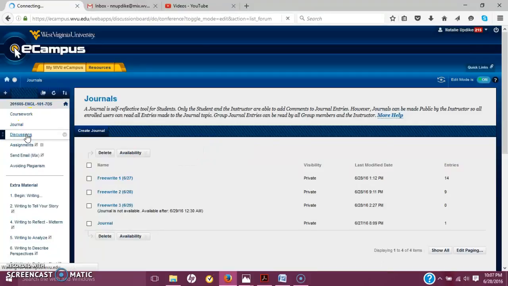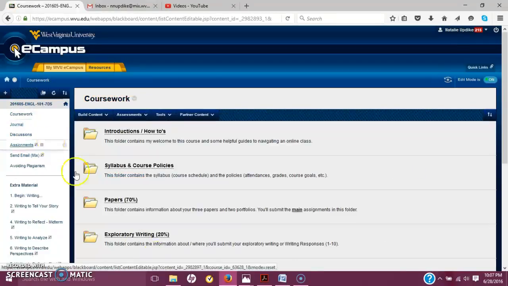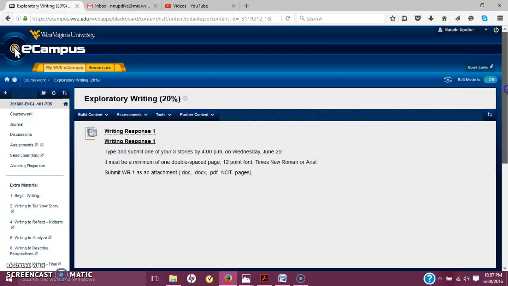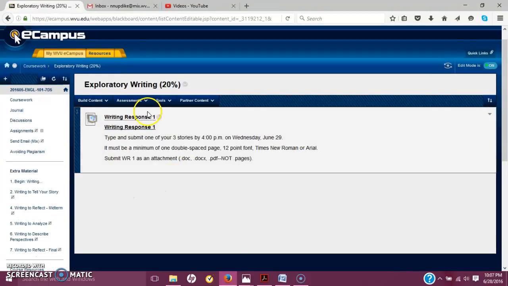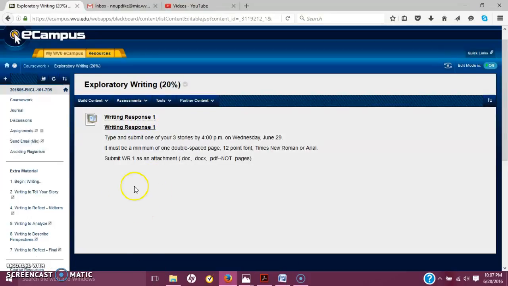The writing responses, on the other hand, are located under papers and coursework, exploratory writing, under coursework, and writing response 1, 2, 3, I'll put up the others as they become relevant.